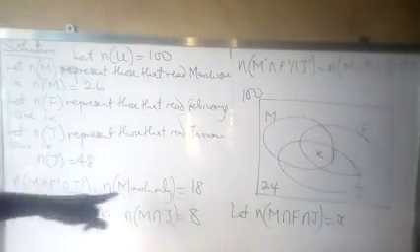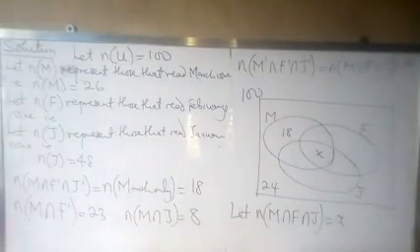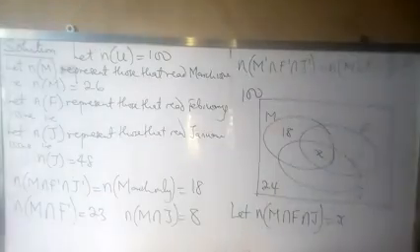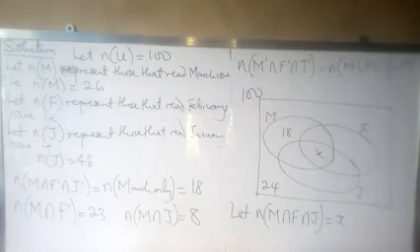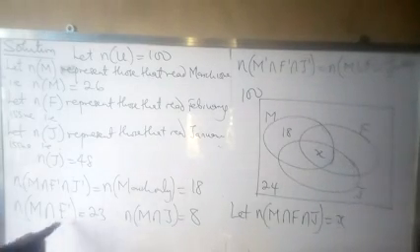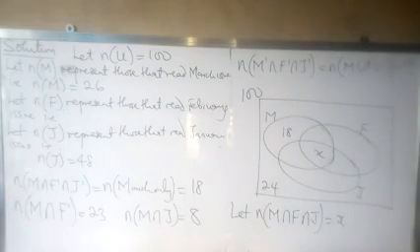Recall that those that read March only, we put 18 there. We are told that those that read March but not February are 23, so we can start from there.